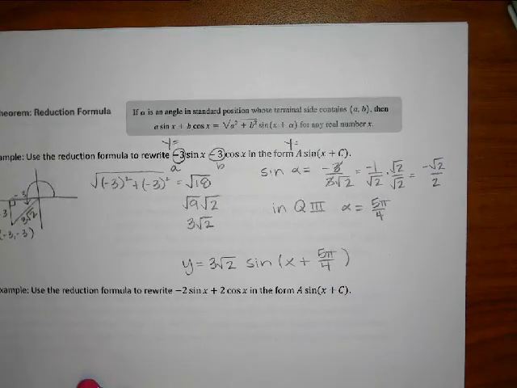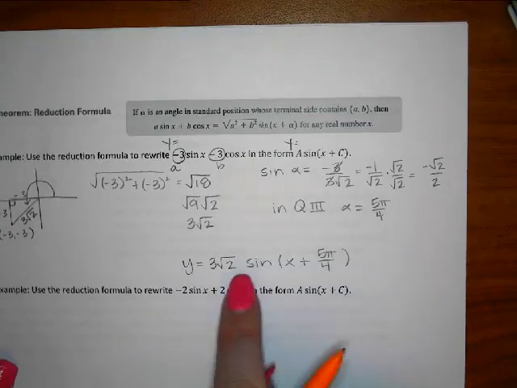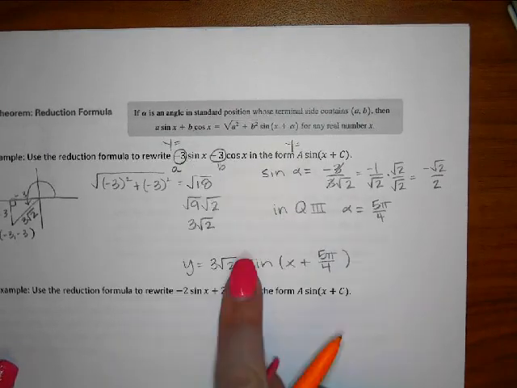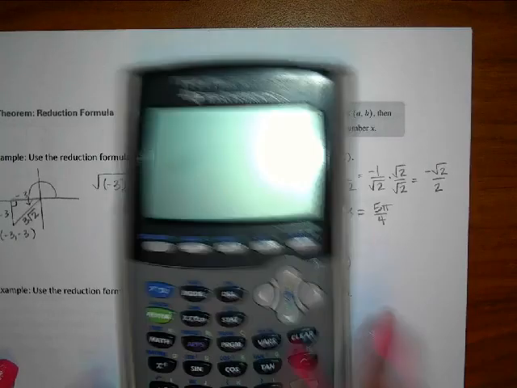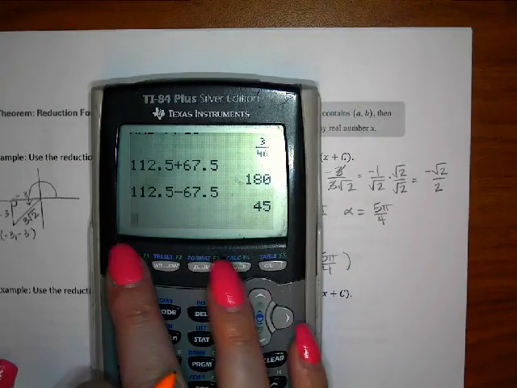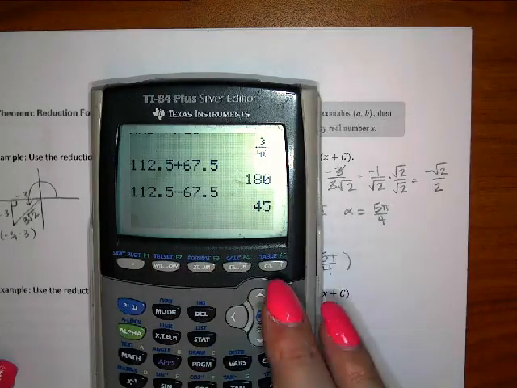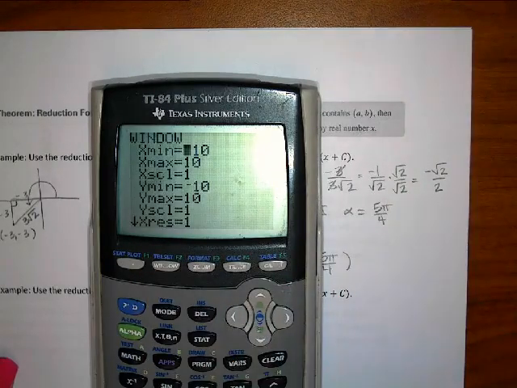Now, this seems insane, but if I were to graph these, they are identical. So I'm going to show you, because this is a great way to check your answer and make sure you got it right. I'm going to go to my window first, because our sine graphs and our cosine graphs typically have specific windows.